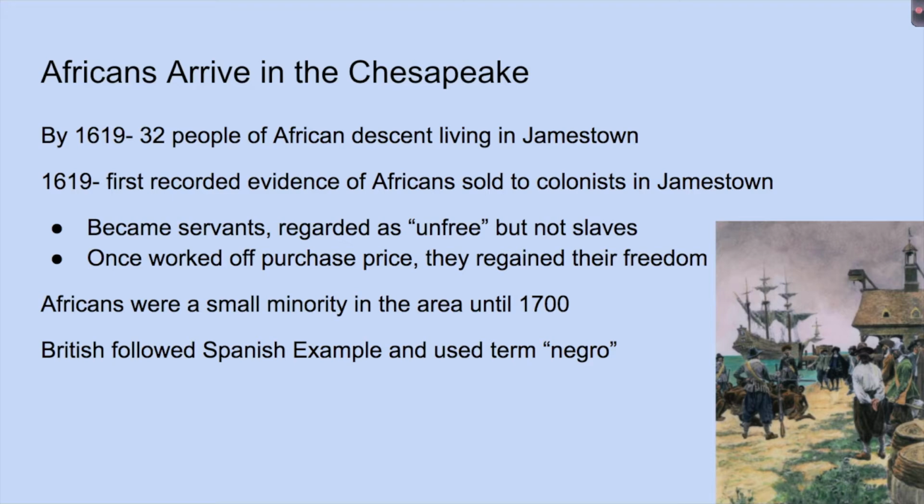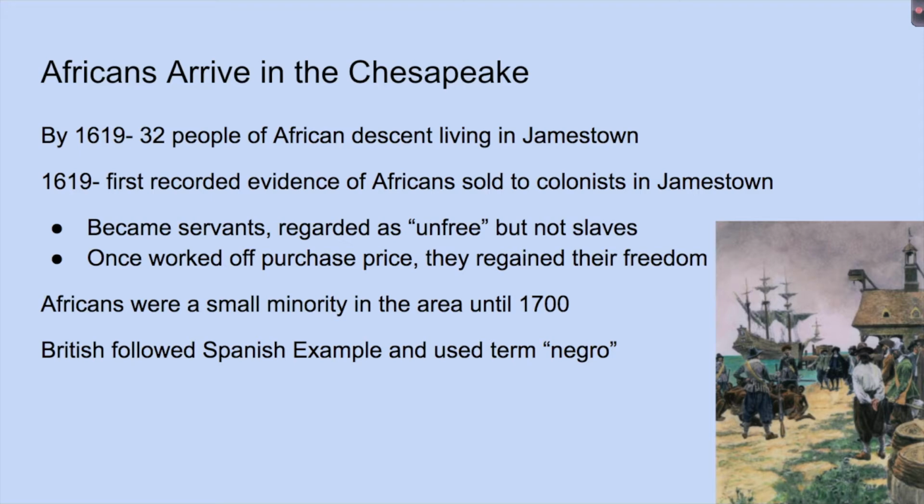So that will eventually change. Once this initial group worked off their purchase price, they regained their freedom. Many of them even came to own land. Some of them convert to Christianity and become parts of the Church of England. So they had more opportunity than later groups of Africans that came in.